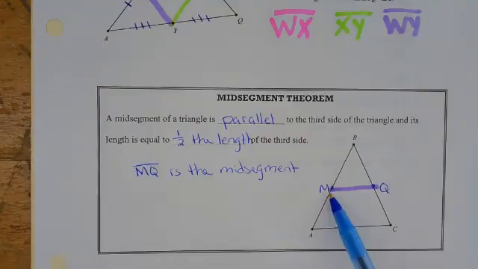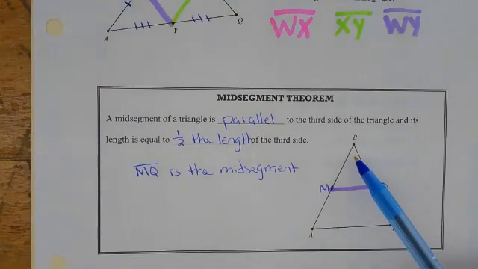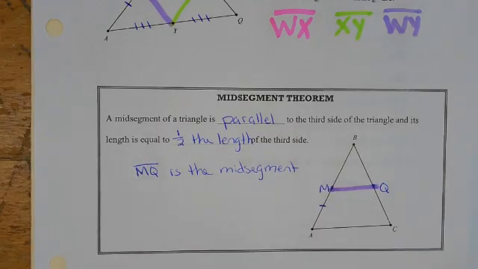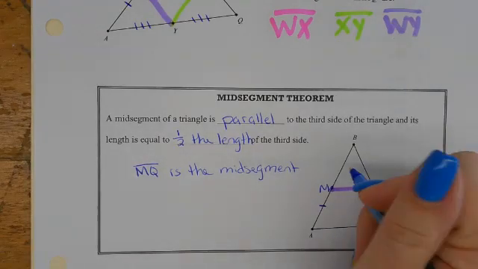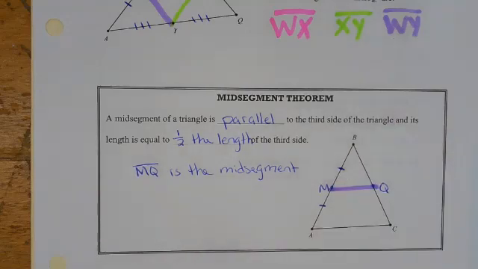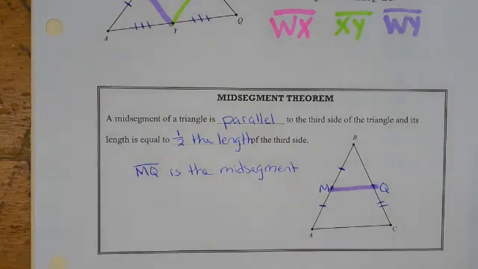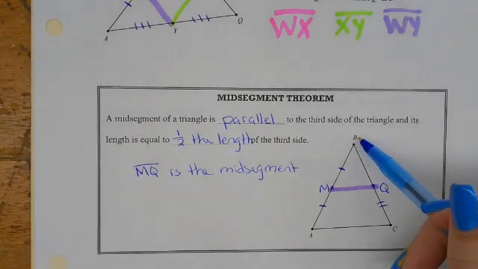So if M is the midpoint of AB, we can say that AM is congruent to MB. And if Q is the midpoint of BC, that means that CQ is congruent to BQ.